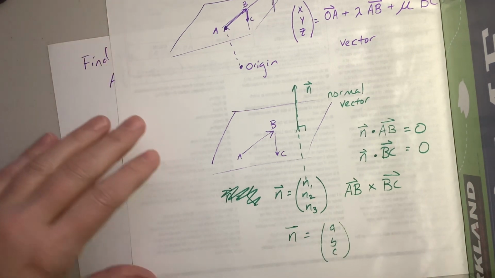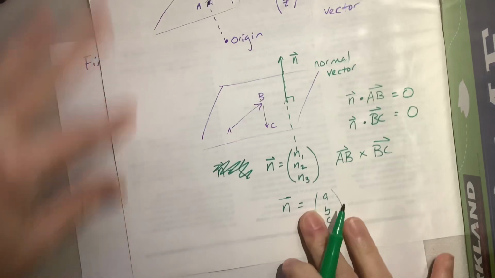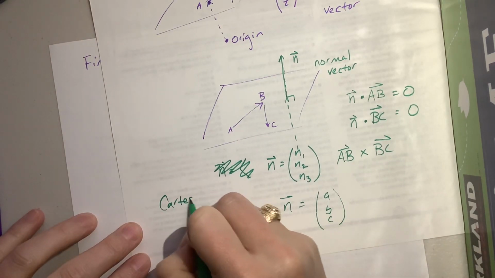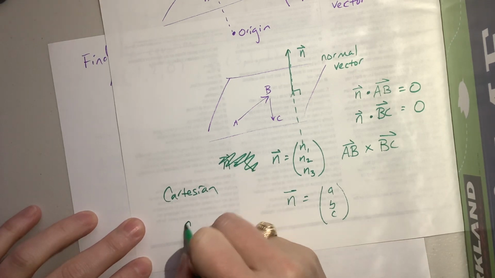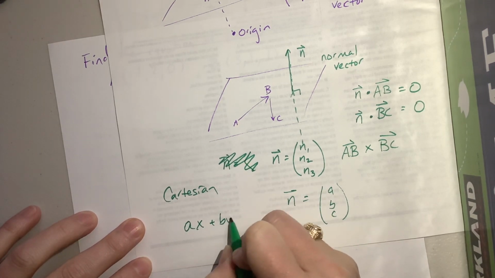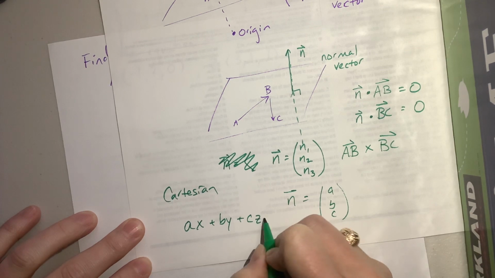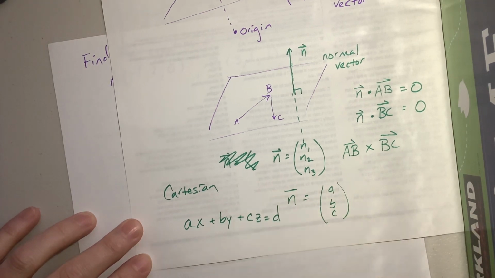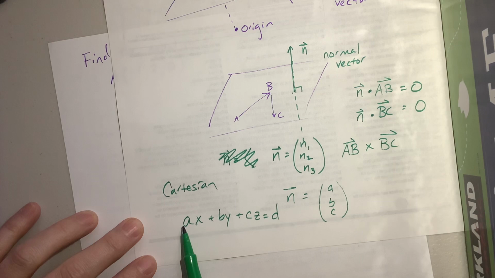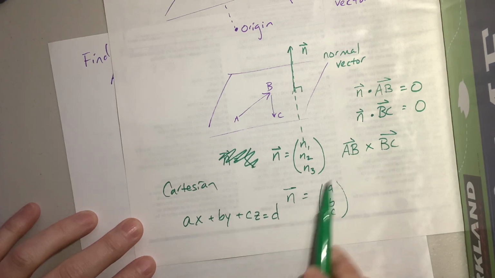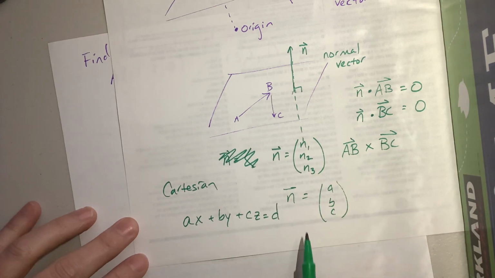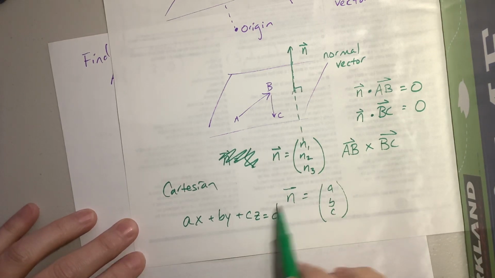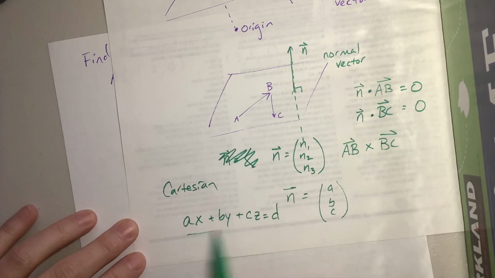What we're going to find is that I can come up with a Cartesian form of the plane, which will be ax plus by plus cz equals d. I plug in actual numbers for a, b, and c based on the normal vector, and then I plug in a random point on the plane. I'm going to show you in the example, it will make more sense. Then I evaluate and figure out this d value, and this becomes the Cartesian form of the plane.